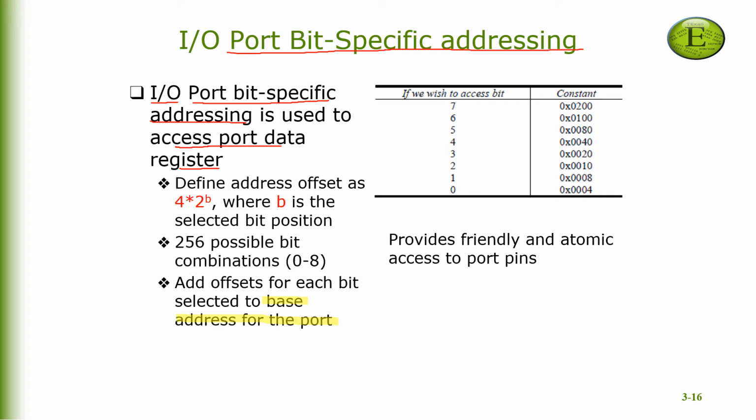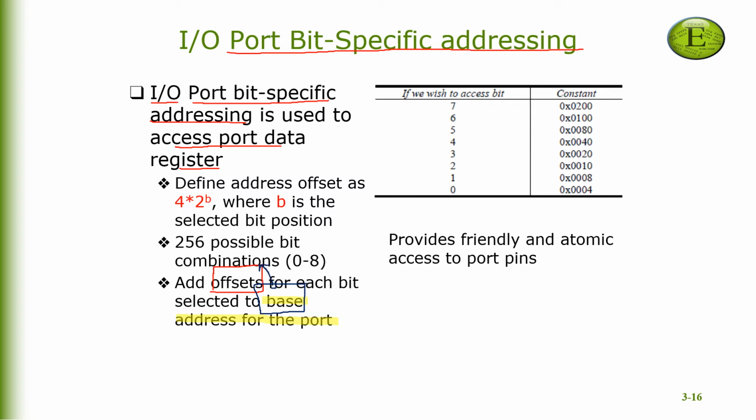And then we add to the base address the offset. So two terms, the base and the offset. The base address needs to be known, and then the offset. And then we're going to add the offset to the base.